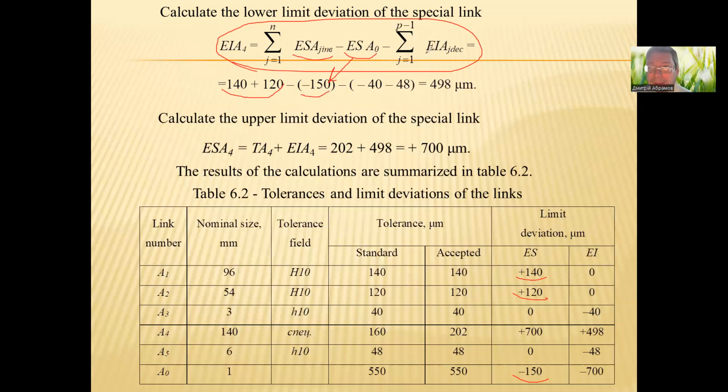And lower limit deviations of decreasing links, minus 40 and minus 48. When we calculate this formula, we find the lower limit deviation of special link A suffix 4. It will be equal 498 micrometers.